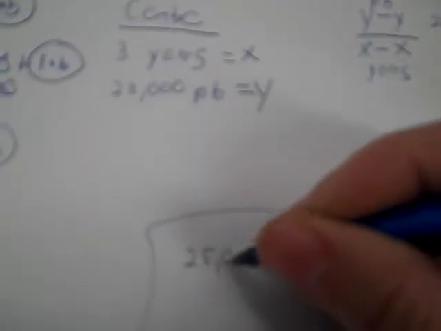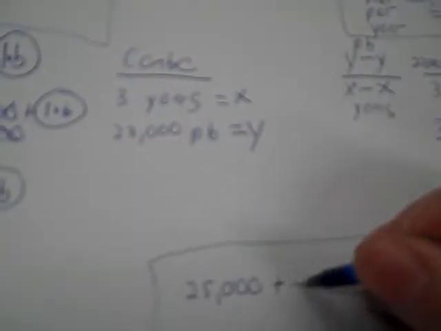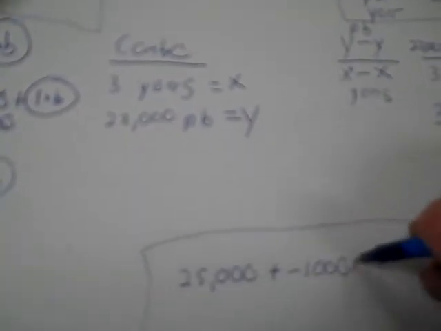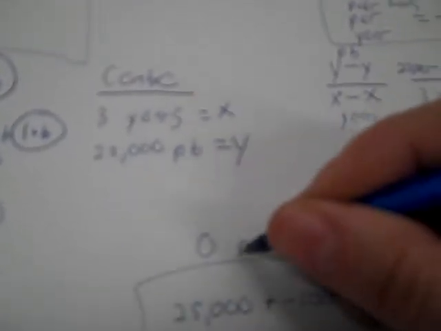Okay, now set this up, and you have 25,000 plus negative 1,000x equals y. Okay. And then 0 is the number I put in. It's 0 polar bears.